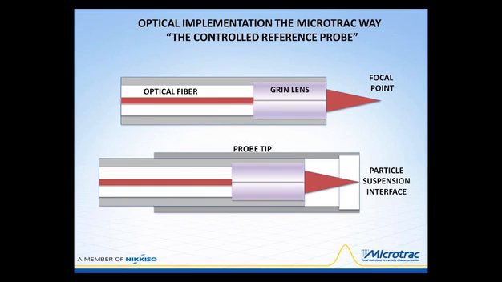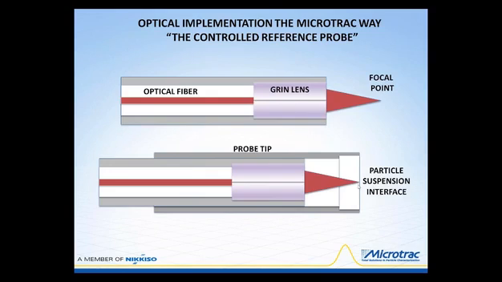That is then used in a probe tip, where that focal point is slid into another sleeve that has a window in the front, and the focus is brought accurately to the surface that is the interface with the particle suspension.